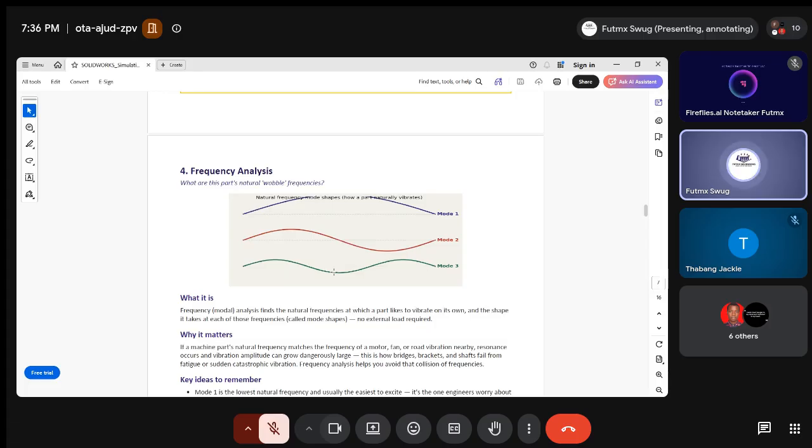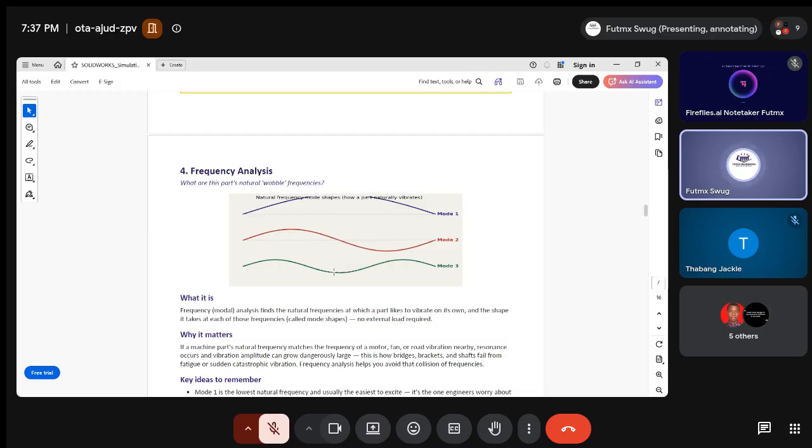So you design to make sure that your structure doesn't resonate beyond that particular allowable frequency. The object has its particular natural frequency, and there is a particular resonance frequency that is allowable.